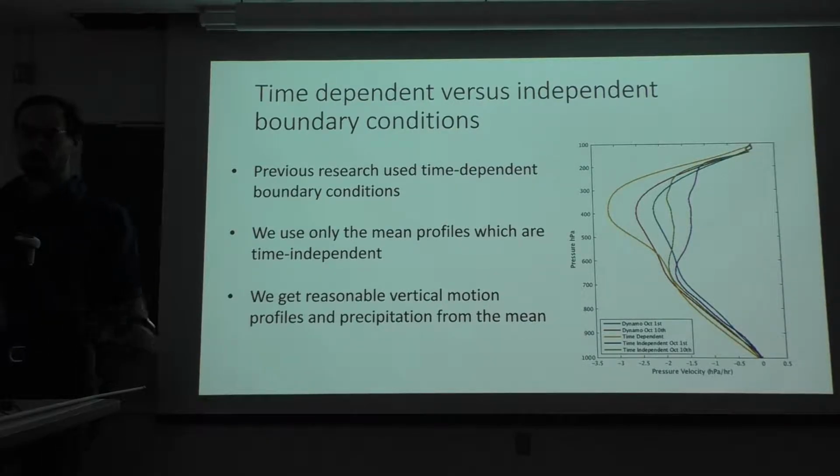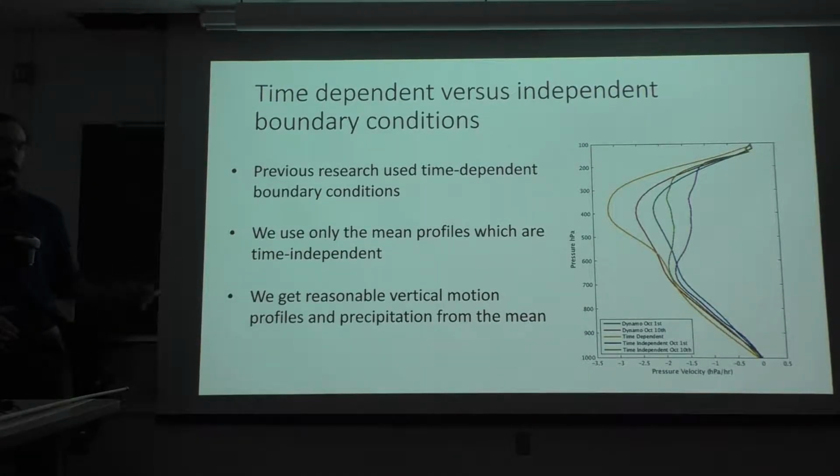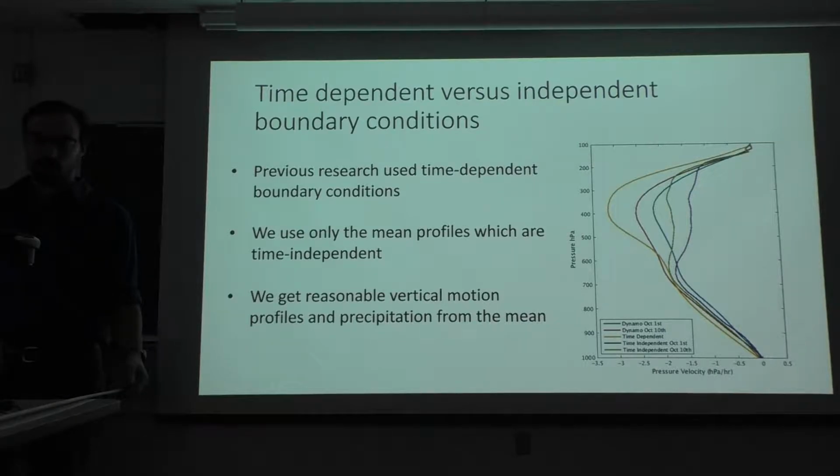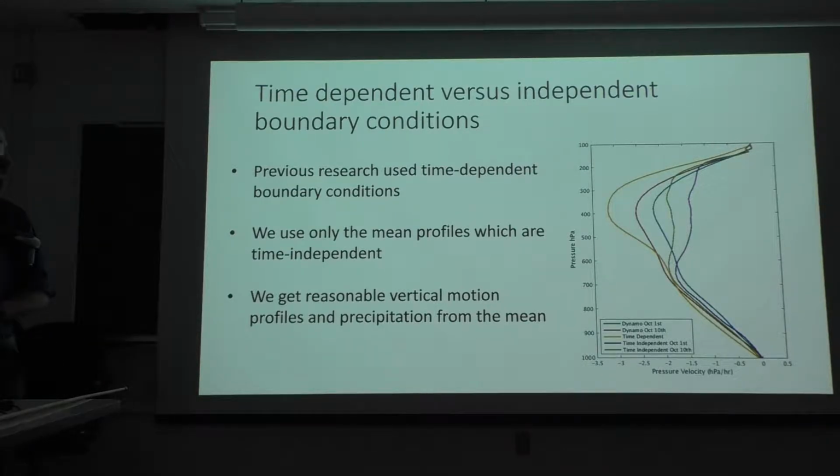When we run the model using either start date of the 1st or the 10th, we don't enter into the dry equilibrium. That's an important aspect of the improvement, that we don't see the negative effects from the dry equilibrium. And we also get precipitation rates, which are not shown, that are much closer to the observations.